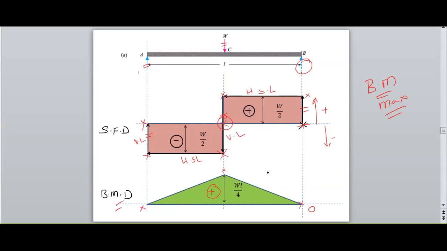So I am getting a positive bending moment diagram whose magnitude is WL by 4. That is the height of the triangle. So this is how to draw the shear force diagram and bending moment diagram for a simply supported beam when a point load is acting on the beam.